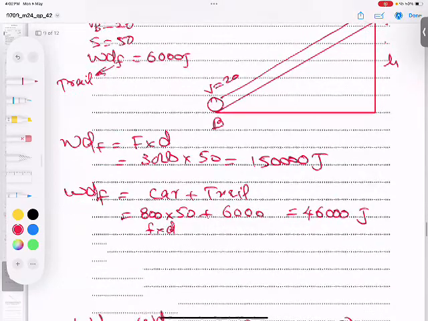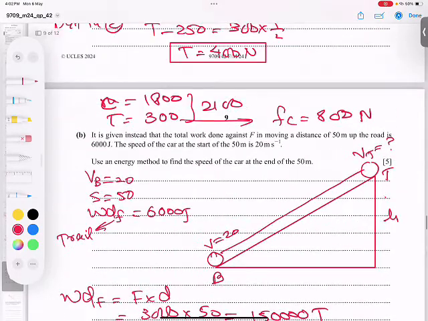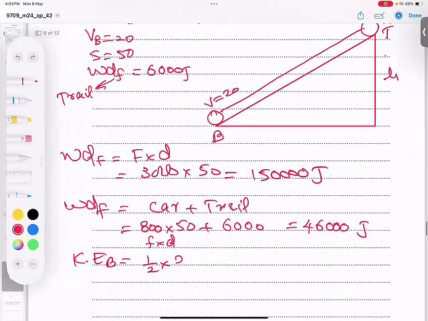And let's go for kinetic energy at the bottom, B for bottom, half mv square. And mass I will take together, and mass together is coming 2,100. So half into 2,100 into 20 square. And I get what? 420,000 joules.